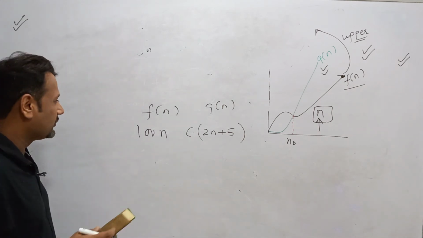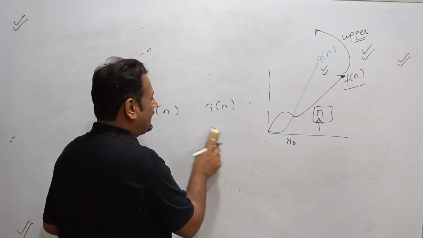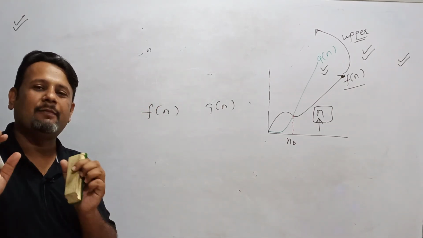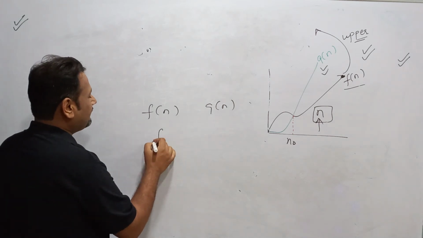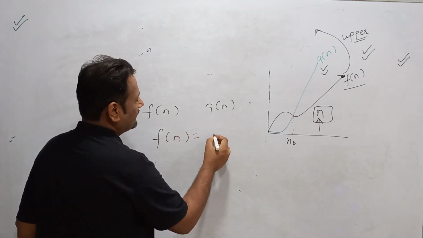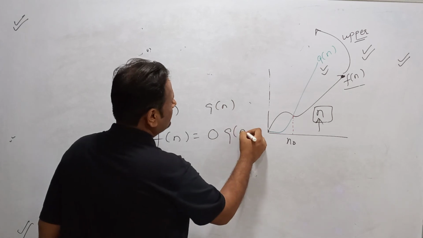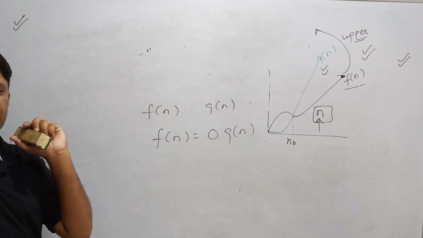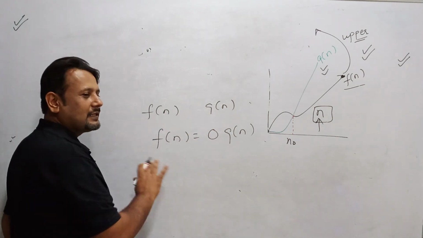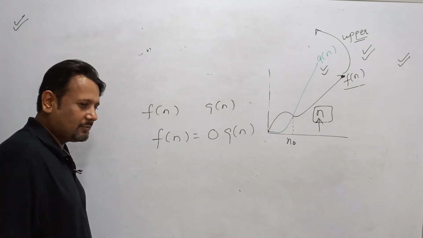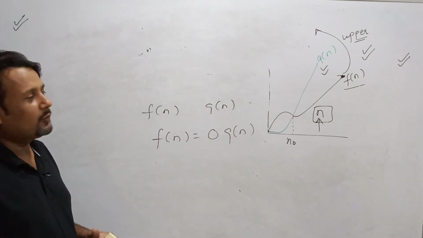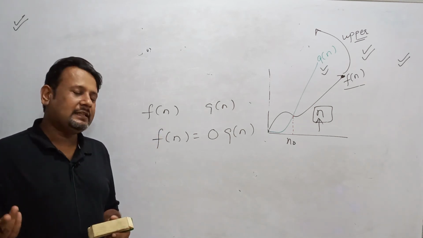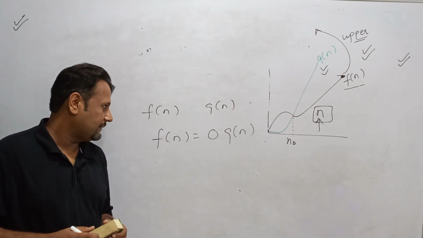So the moral of the story is: if you are comparing two complexities and both have the same order, you can write directly without thinking anything in the competitive examination that f(n) is equal to big O g(n), and this can be easily proved. No doubt about it. Thank you very much. We'll see best case in the next class. Thank you.